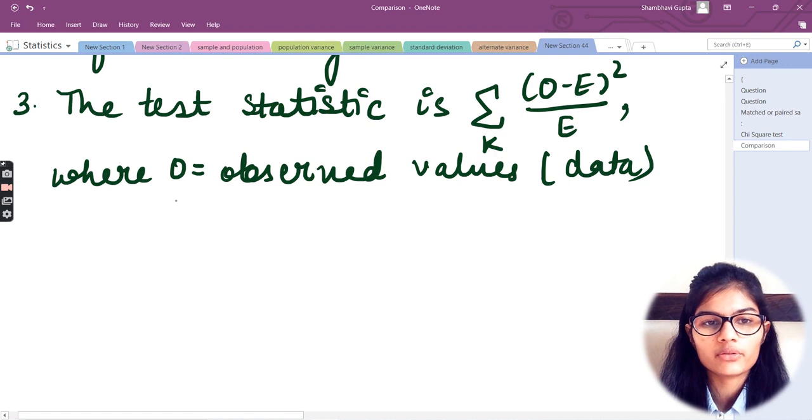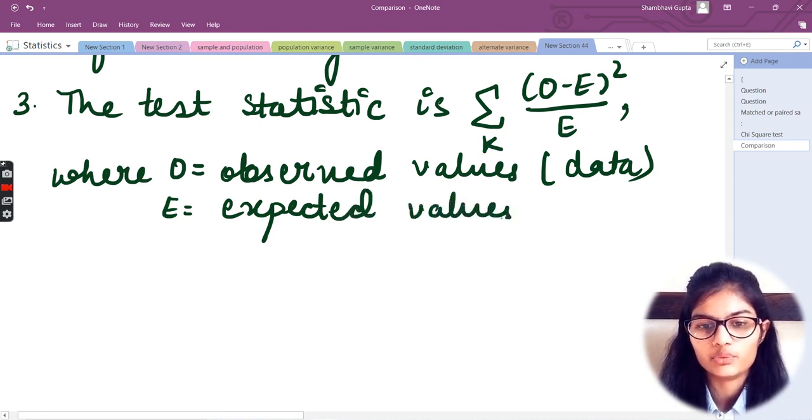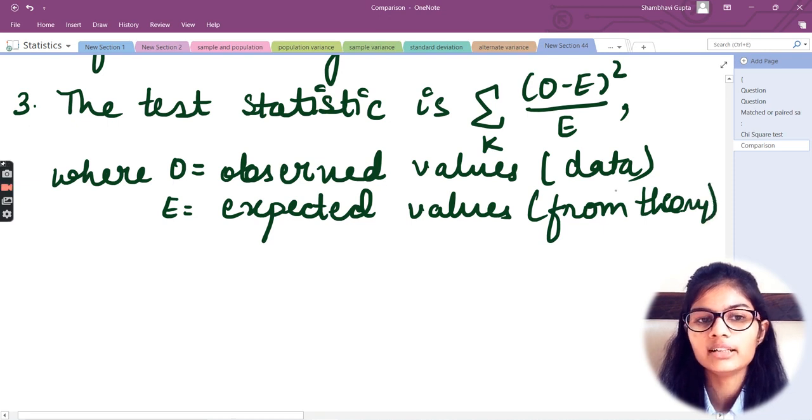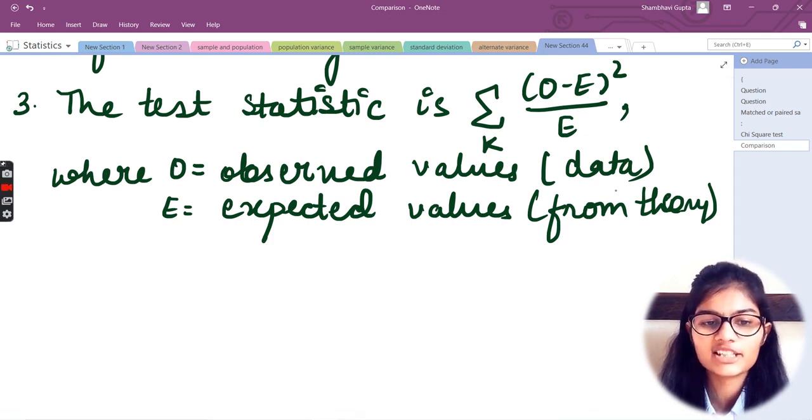And what about E? E was my expected values, and that's from the theory. So O is basically my observed values and E is basically my expected values, right? What about K?